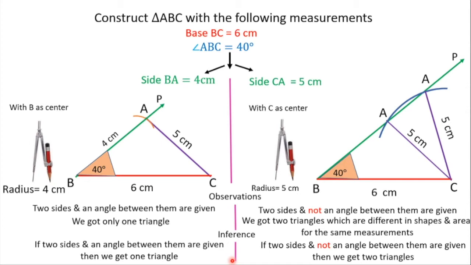This we saw in the practical presentation. Now we can see the two triangles shaded. In the second case, this triangle is so small, whereas this triangle is so big. For the same measurements, we are getting two different triangles.